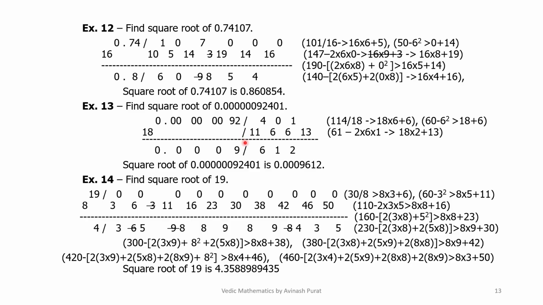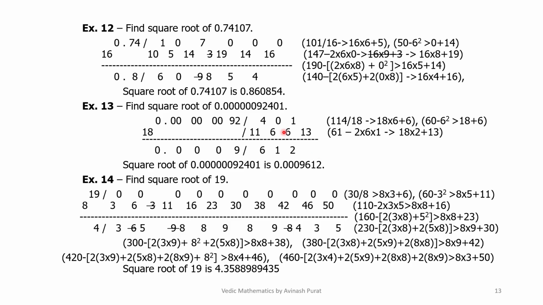So 114 gives you 6 as the quotient and 6 as the remainder. So 60 is the next dividend, minus 6 square, that is 36. So 24 is the next dividend.